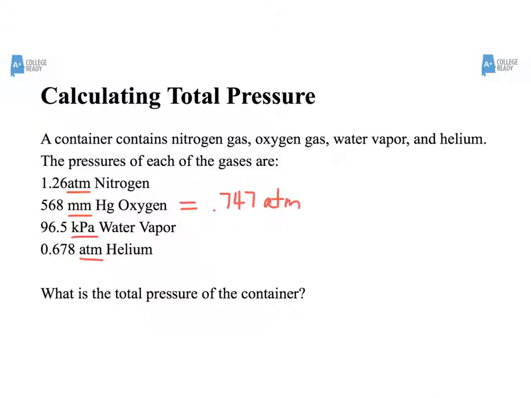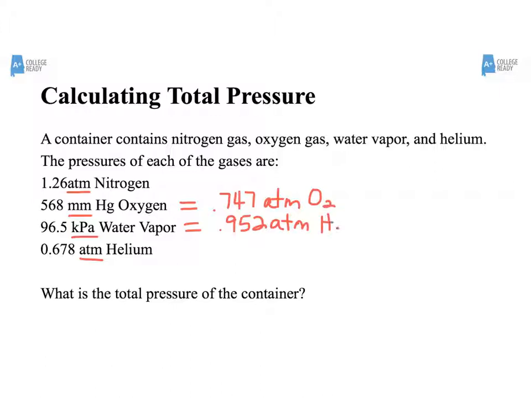And the kilopascals of water, we've got to convert that to ATMs, and we know there's 101.325 kilopascals in 1 ATM, so we'll convert that, and that gives us 0.952 ATM. And now we have all the partial pressures of all of these things, and they are in the same units.